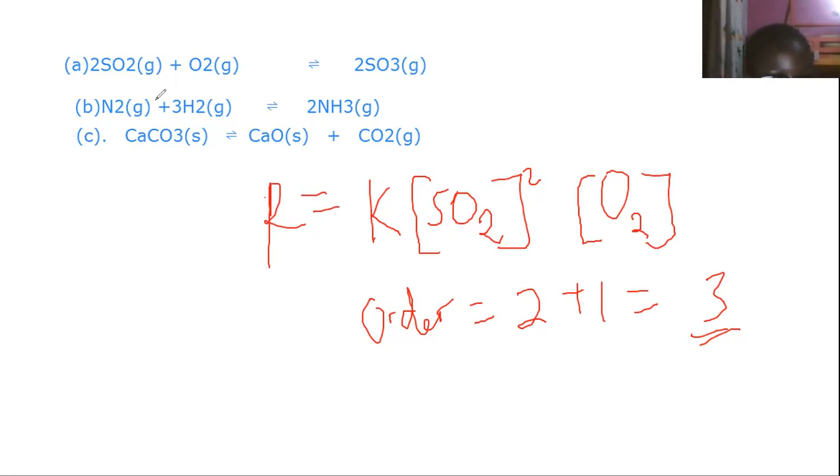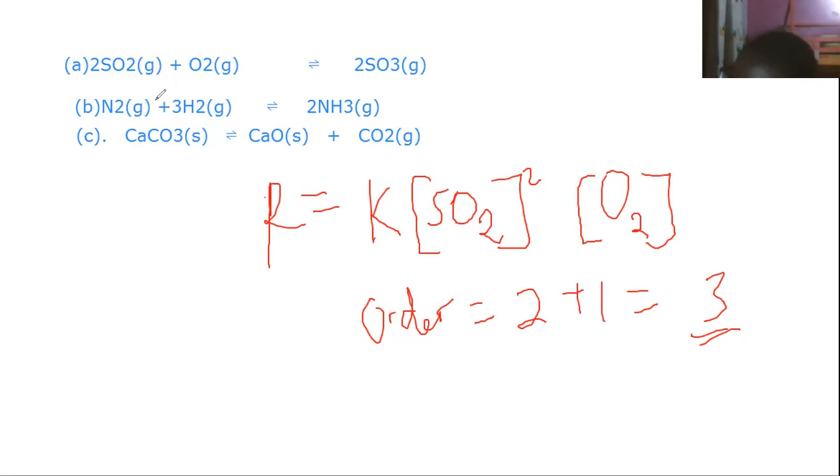When the concentration of all the reactants in a given reaction are constant, the order will be 0.